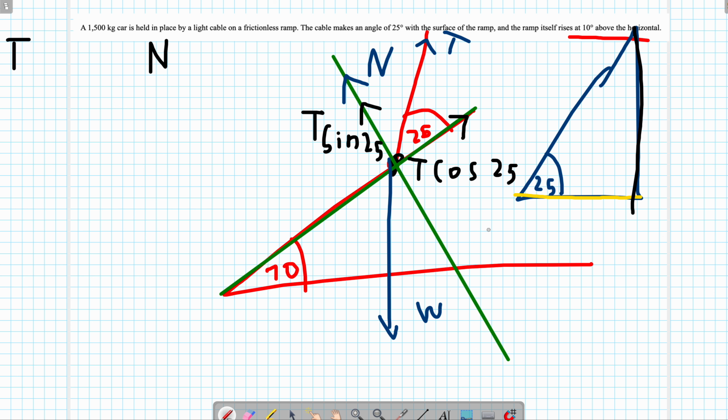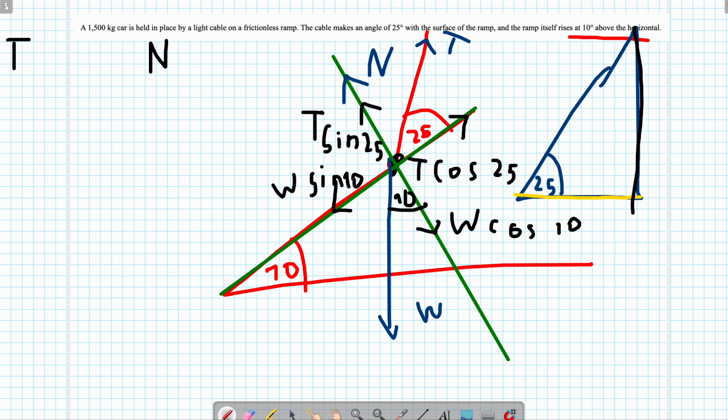Okay, so again we're gonna do the same thing. This is 10. As we already know, I think you guys should know it by now. This is W cosine 10, and this is gonna be W sine 10.